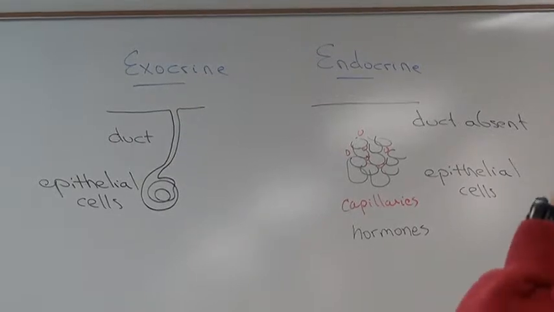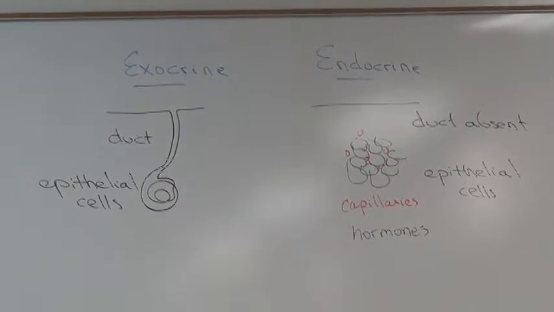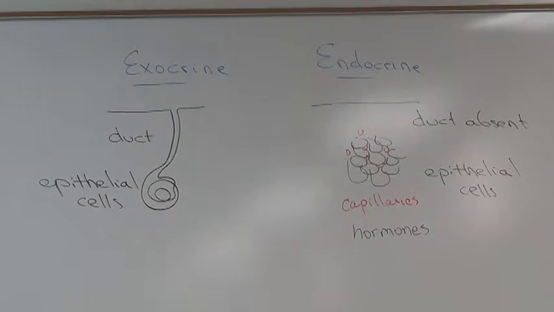That doesn't have quite as wide a distribution. It goes to cells in the ovaries or the testes primarily. So what keeps luteinizing hormone from affecting smooth muscle cells in your stomach? Receptors, right? So receptors provide the specificity.